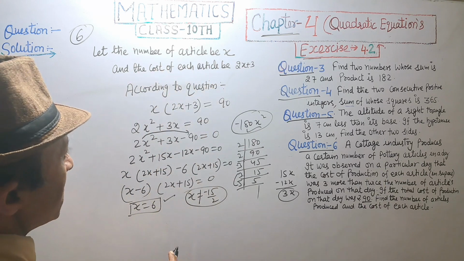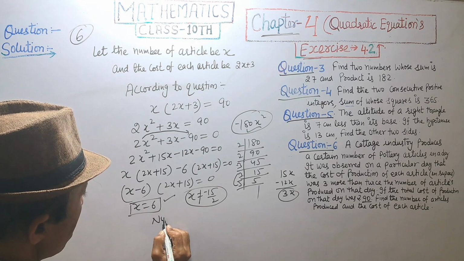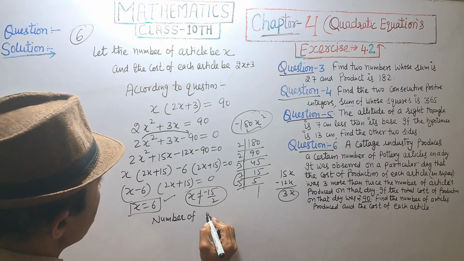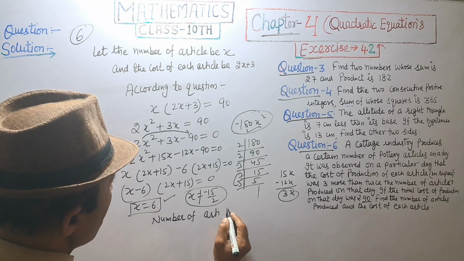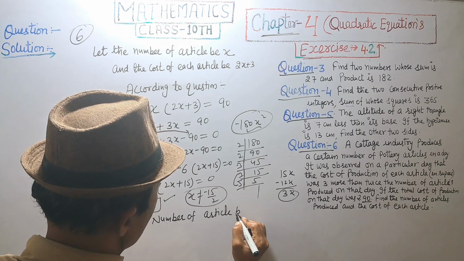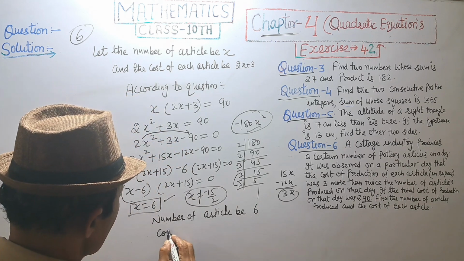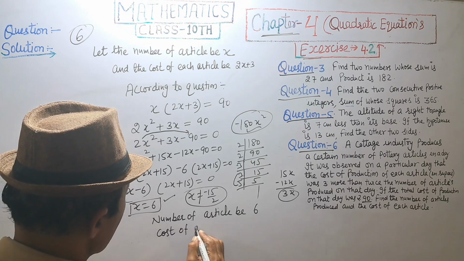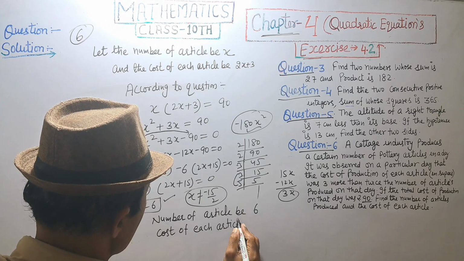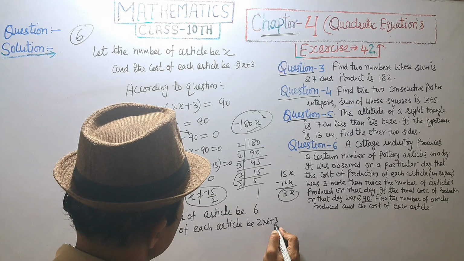Number of articles produced be 6. Cost of each article be 2 into 6 plus 3.